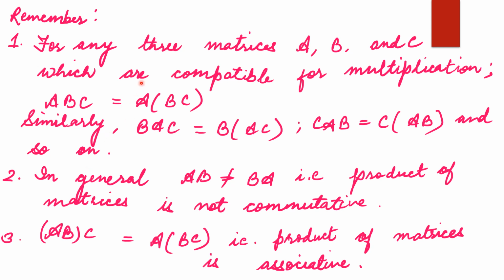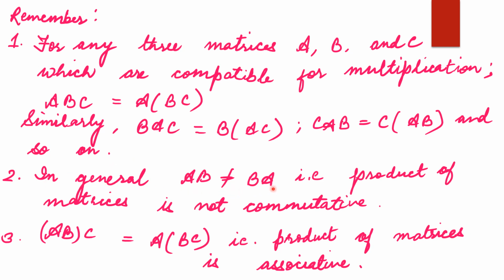First you multiply the later matrices and then you multiply with the first matrix.